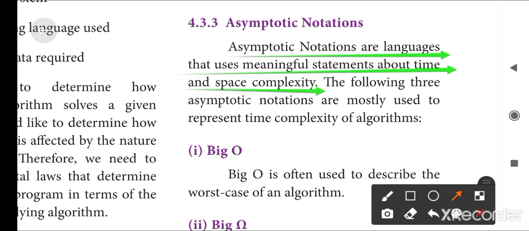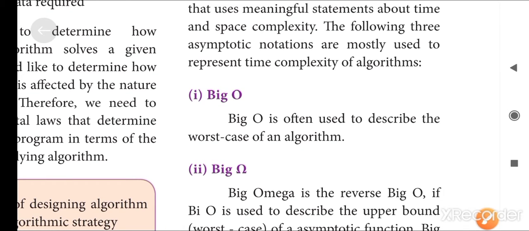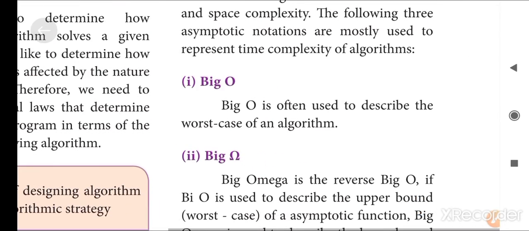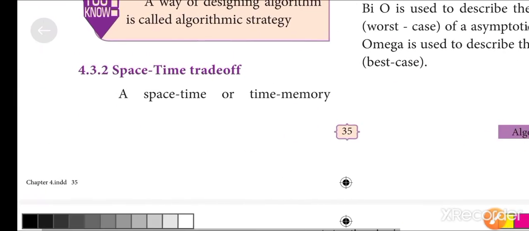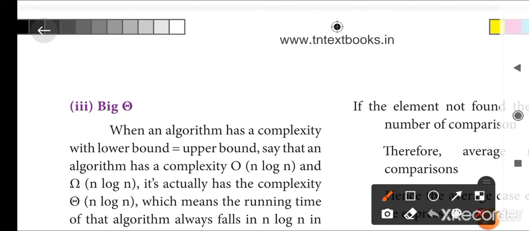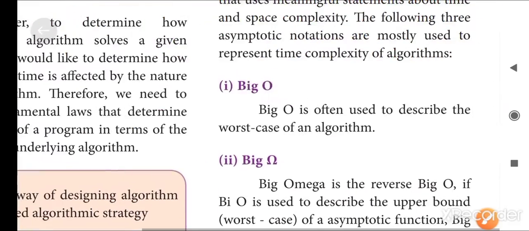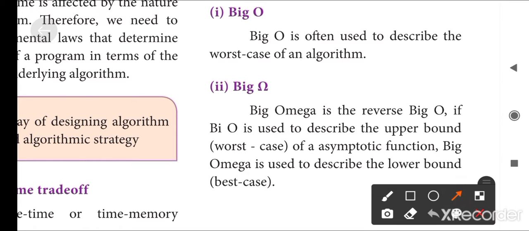It has 3 notations: big O, big omega, and the third one is big theta. What is meant by big O? Big O is often used to describe the worst case of an algorithm.